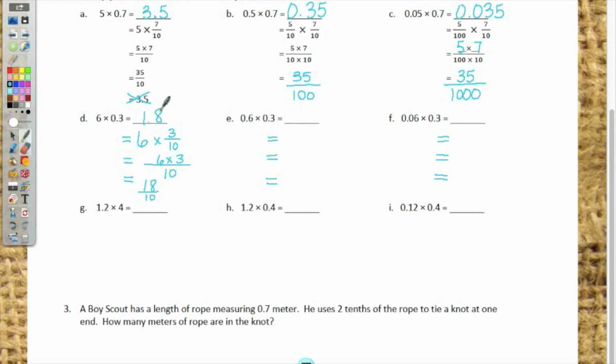All right, the next one. George V, what's the first step? Change them both to, no? What did he say, boys and girls? Change them both to fractions. You're going to have to talk louder.